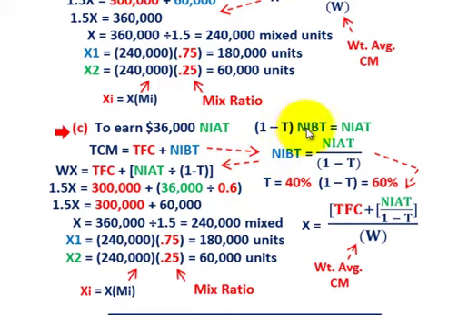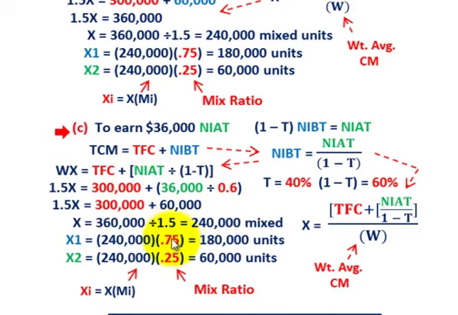Net income after taxes is 1 minus the tax rate times net income before taxes. Then you can solve for net income before taxes by dividing both sides by 1 minus the tax rate. You can plug it into that generalized equation, or you can go back, and that's what we've done here to make our solutions. Just understand that relationship. That's our general understanding for when you're dealing with multiple products.